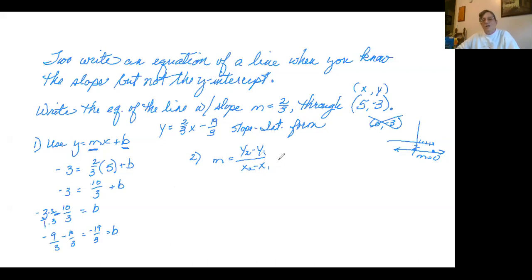If you take this formula and you multiply through on both sides by your common denominator, x2 minus x1, then this becomes m times x2 minus x1 equals y2 minus y1.